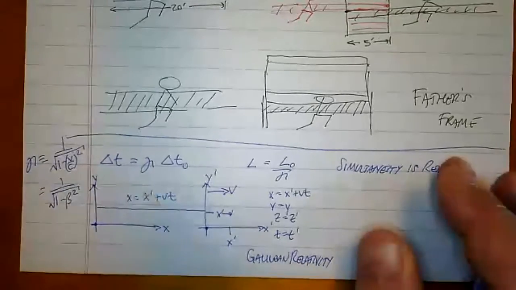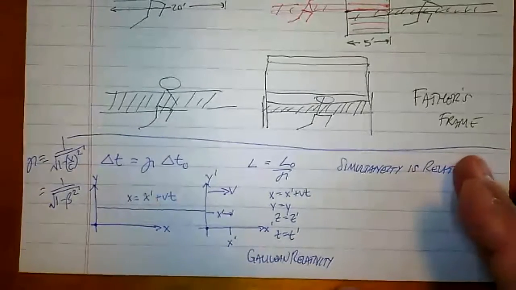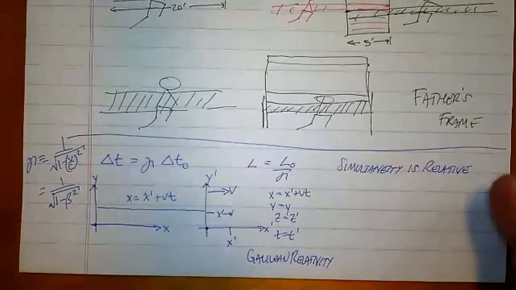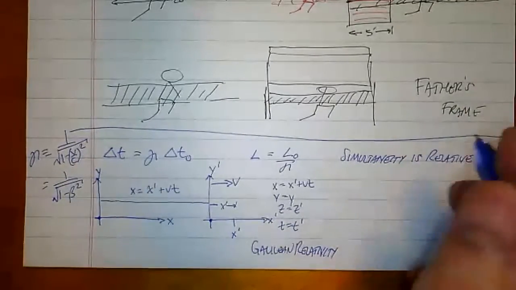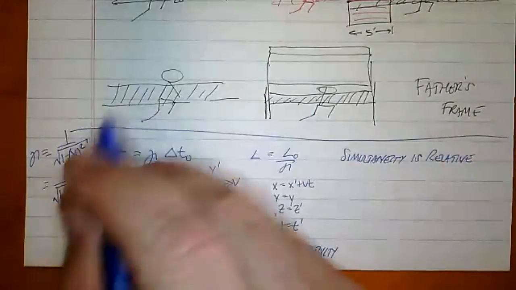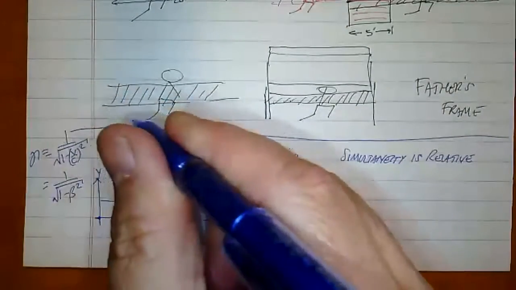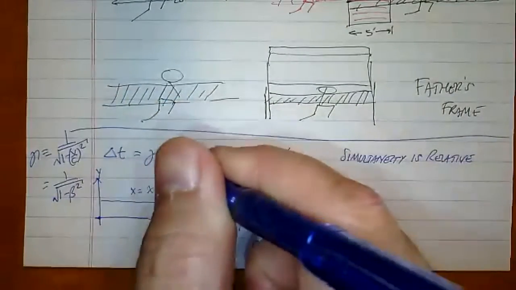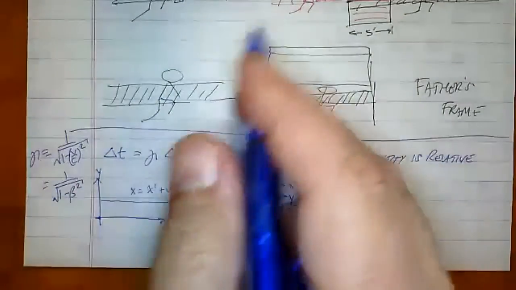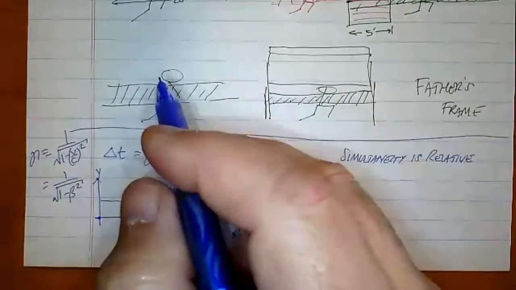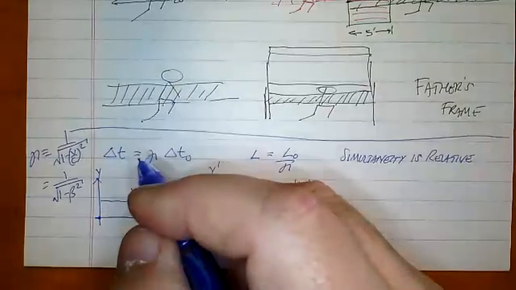Well, it turns out when you actually work this out from a relativistic standpoint, and you can do this if you really like algebra, just try to make the distance light travels be the same in both coordinate systems. You know, there's x minus x1, y minus y1, z minus z1, and t minus t1.